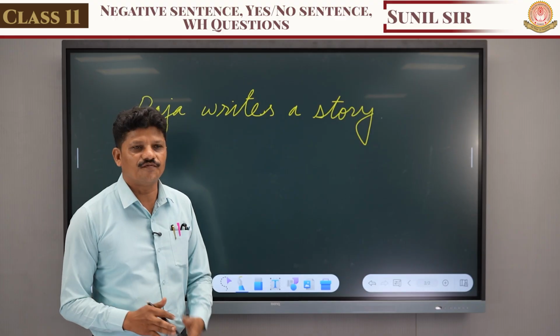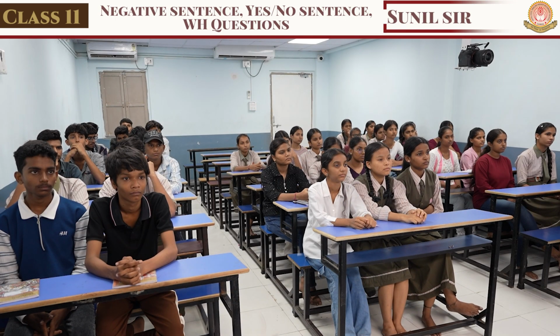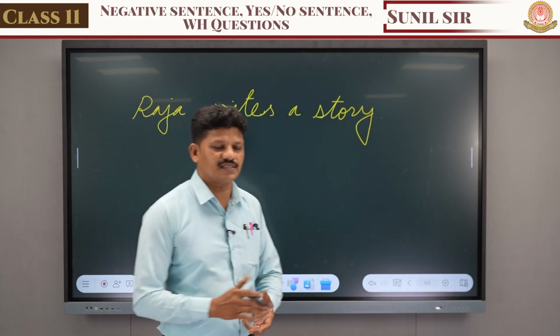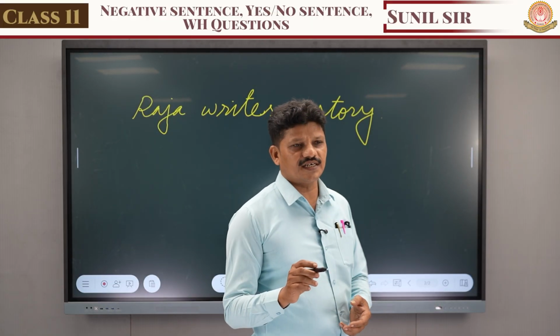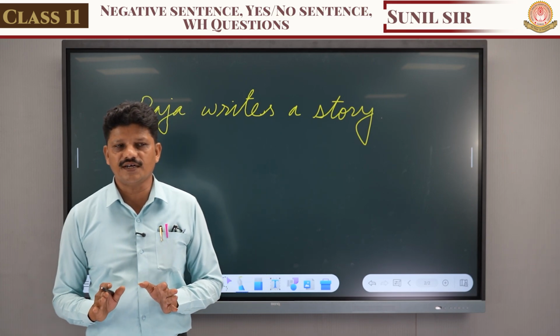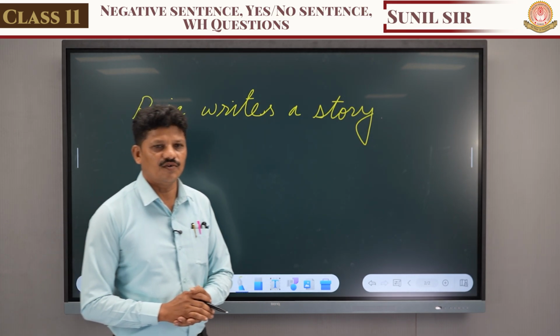So how to make a correct negative sentence? Here the first step is that we have to find out the helping verb in the given sentence. One more thing I would tell you in advance: in simple present tense and simple past tense, we don't find a helping verb in positive sentences. Have you understood?